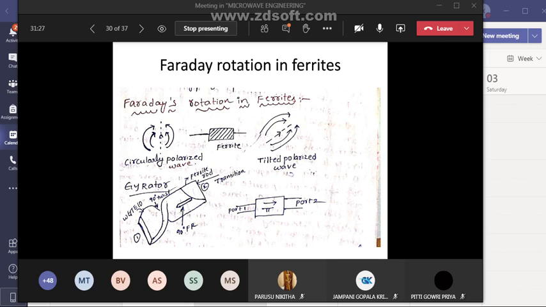So ferrites exhibit a strong magnetic property. Okay, so that is the Faraday's principle.